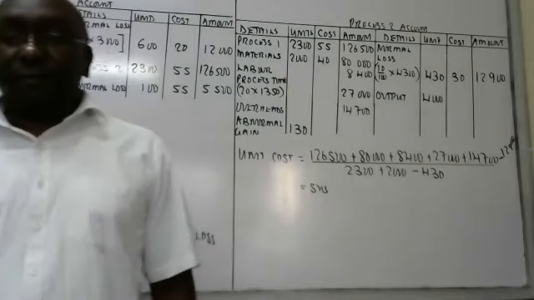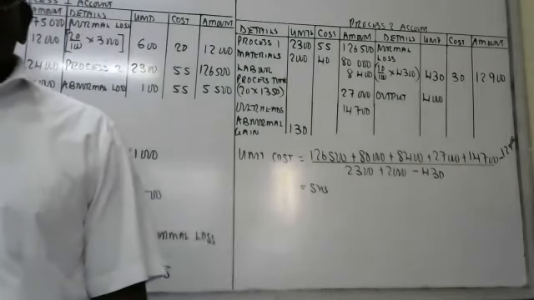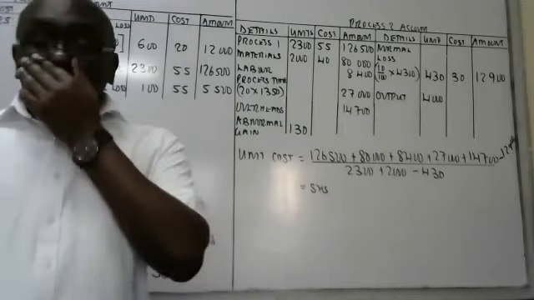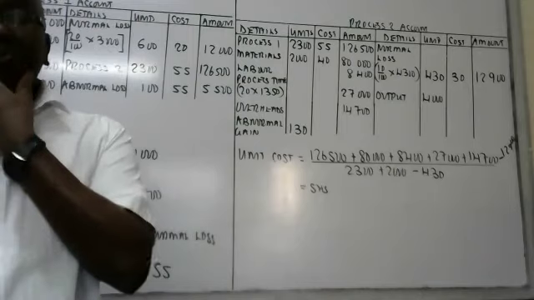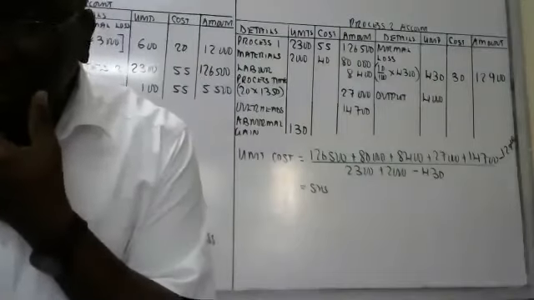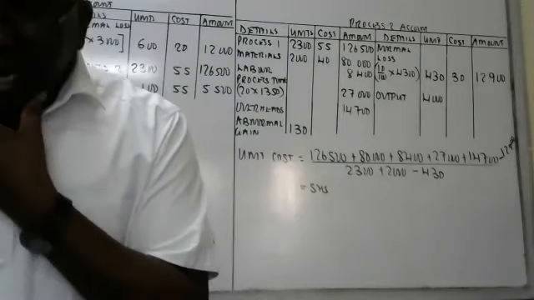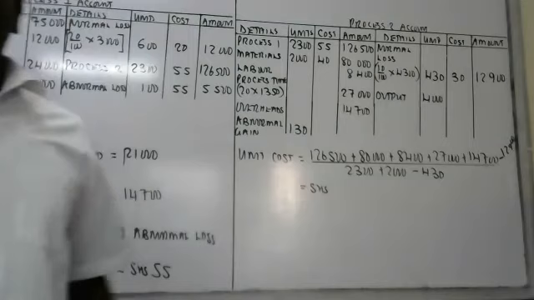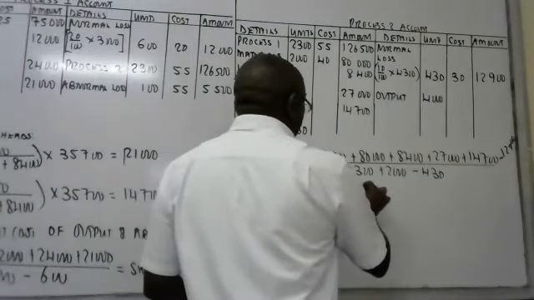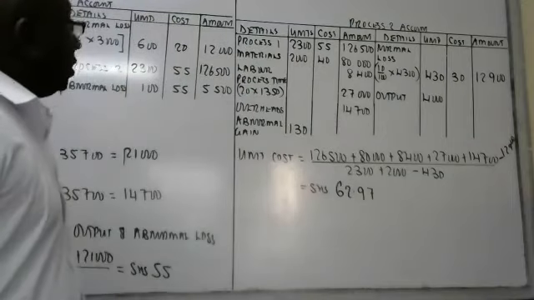Another figure? Yes, Jamal, 62.97. Maureen, the correct answer is 62.97. Maybe there is something you are not including.